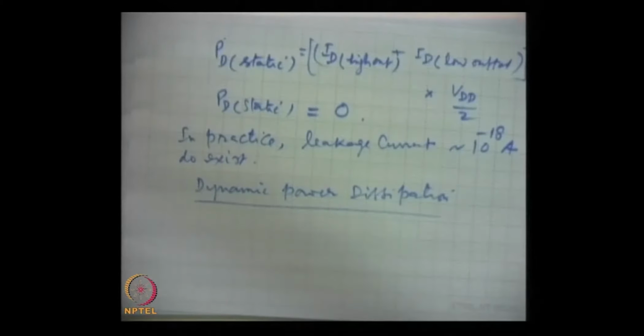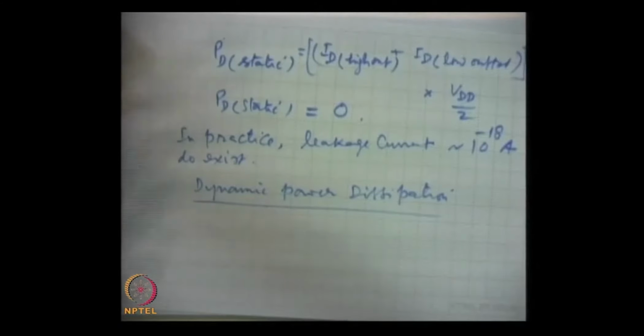Dynamic power dissipation. We said above that when the MOSFETs have changed states, then the drain current is 0, and that gives the static dissipation to be 0. But dynamic power dissipation occurs when both these MOSFETs are changing states.